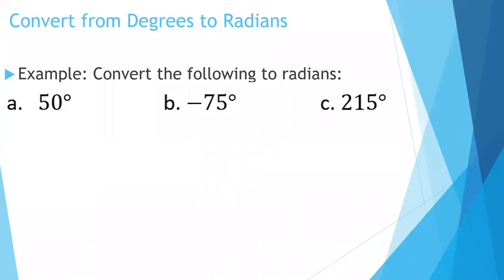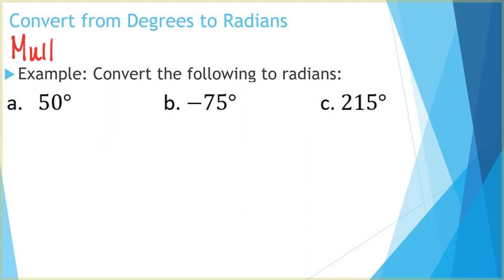So when you convert from degrees to radians, you're multiplying by pi over 180. So if we keep in mind what we learned yesterday, 2 pi is equivalent to 360 degrees.